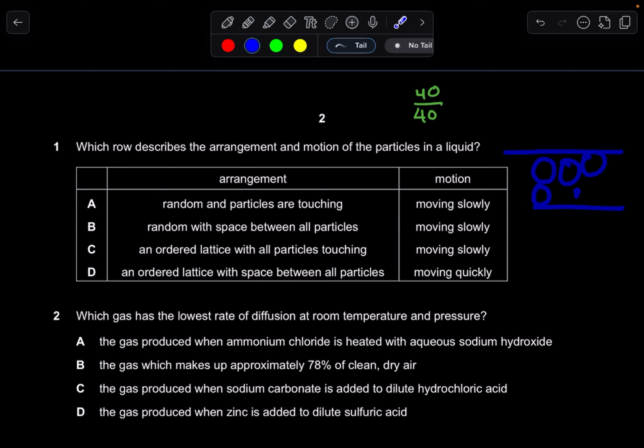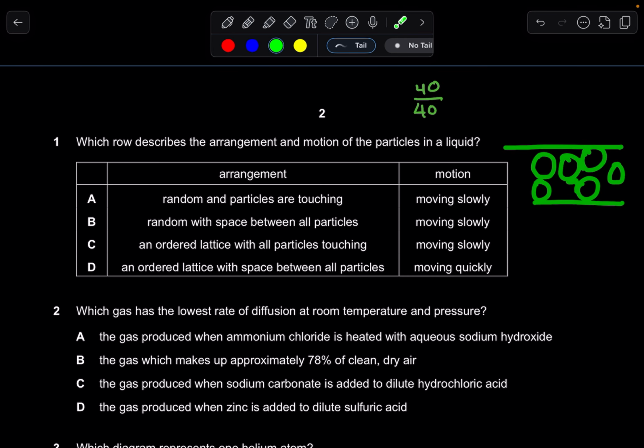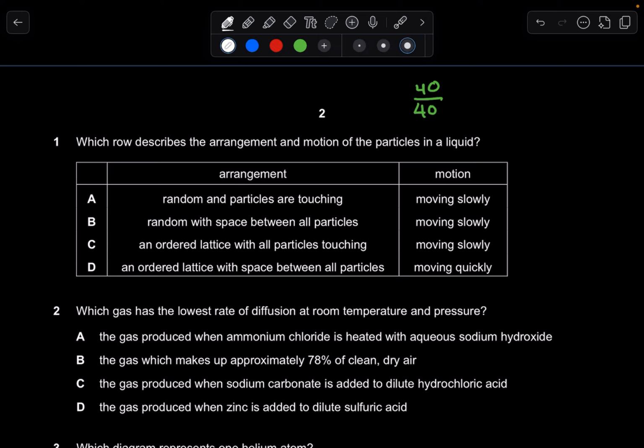Some will have space between them, but some particles might not have space. Like over here, look, there's no space. So you have to keep in mind that particles are random and touching, but with space not between all particles, so that's wrong.